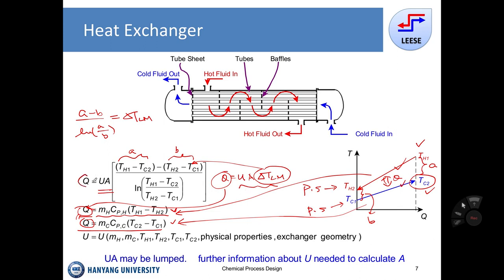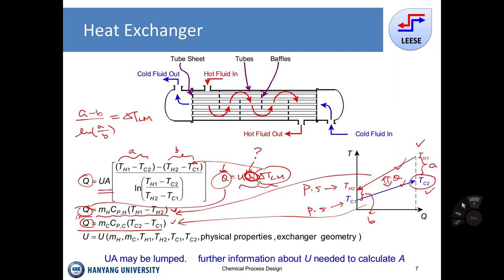So we have three equations. Based on these expressions, we can estimate the size required for this heat exchanger. Then how can we ensure the heat exchanger delivers the required amount of Q? That is called the design.